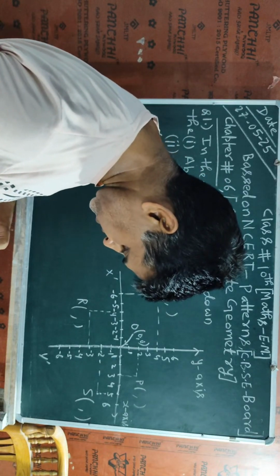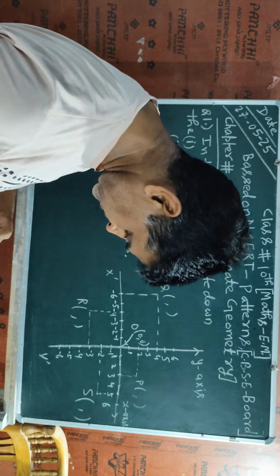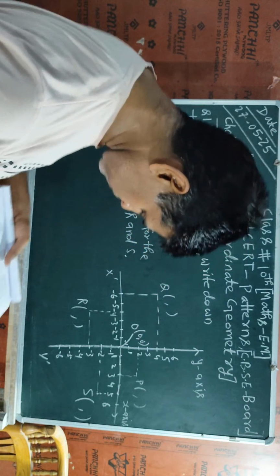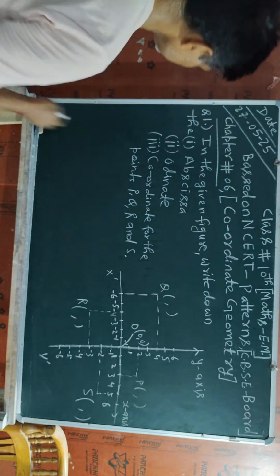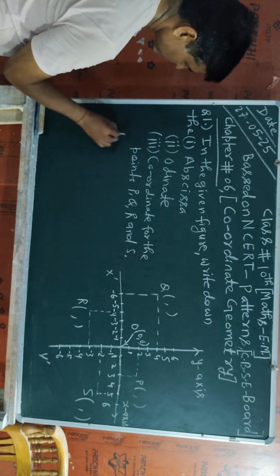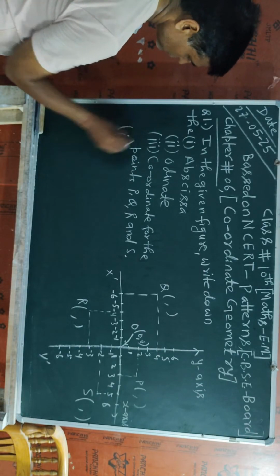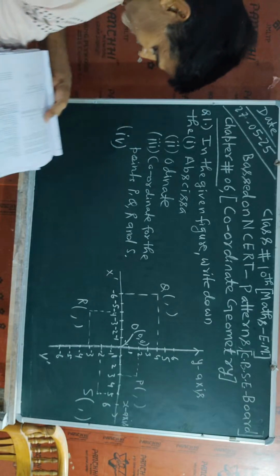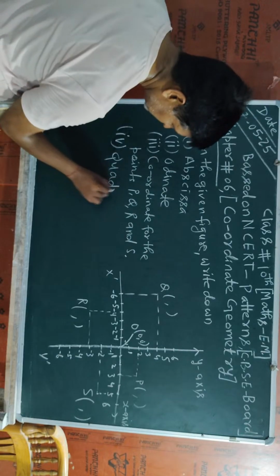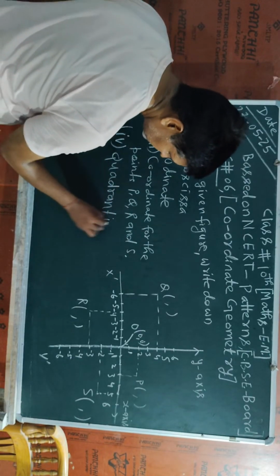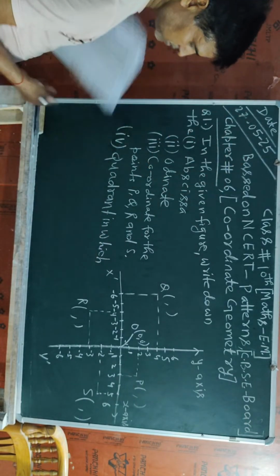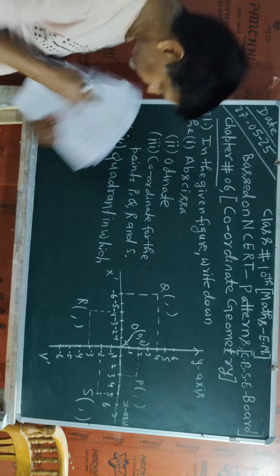And fourth is the quadrant in which this point lies. So fourth information I have to also write here: quadrant in which this point lies.